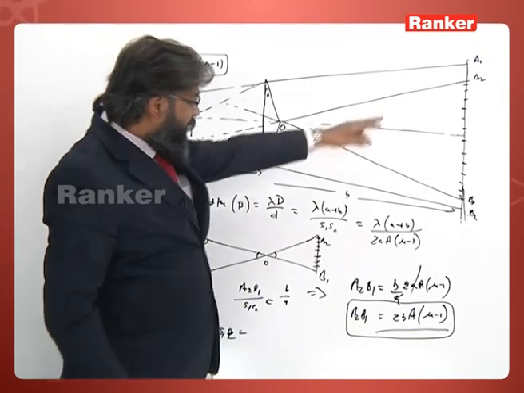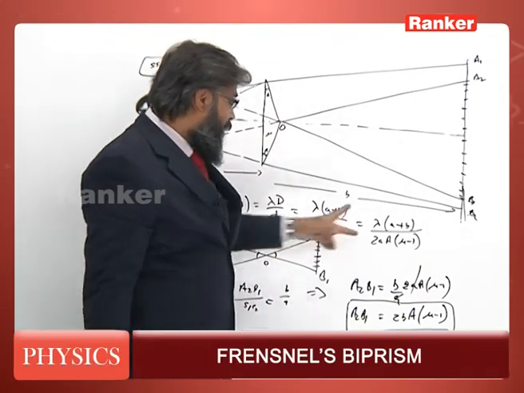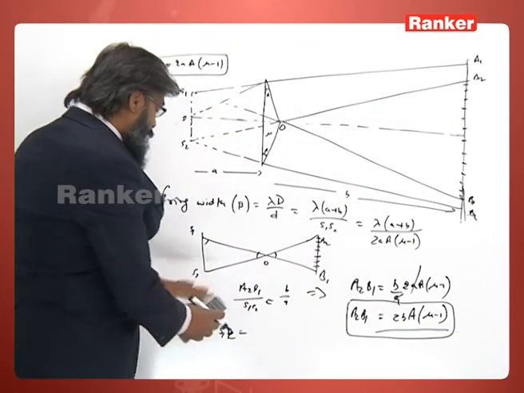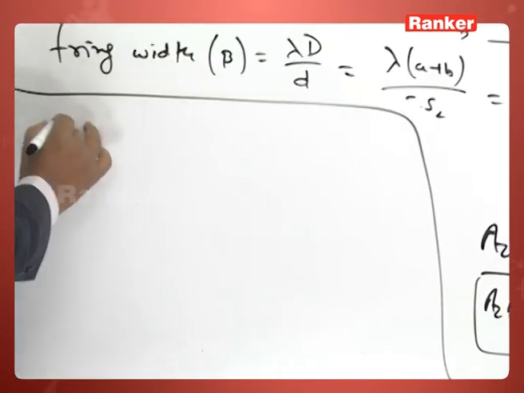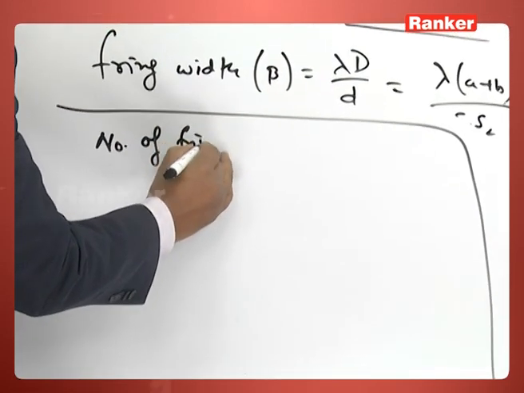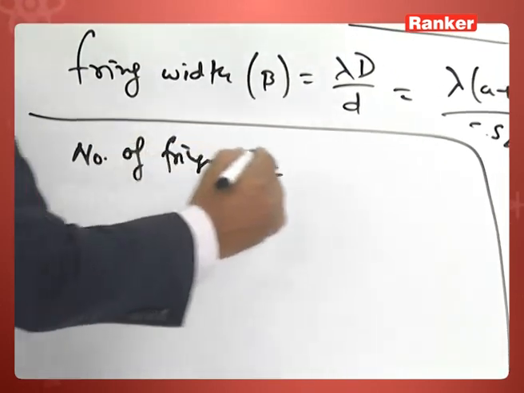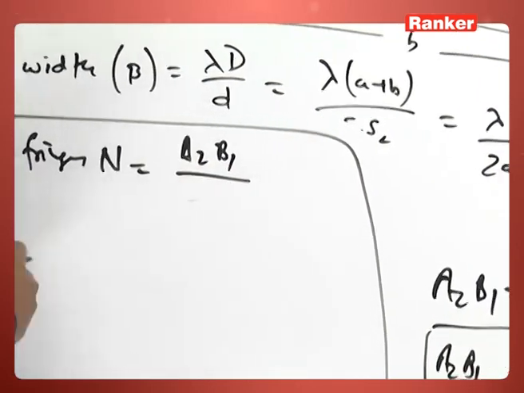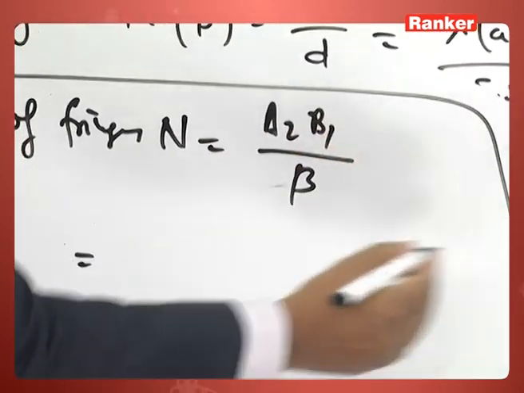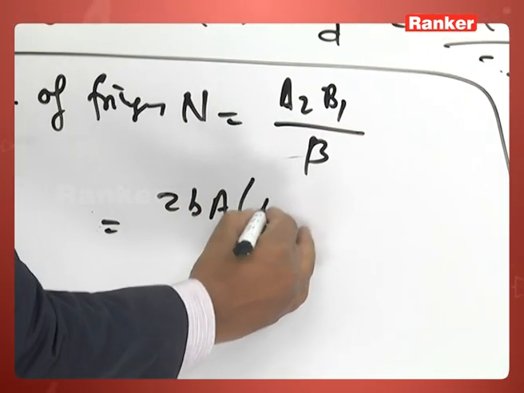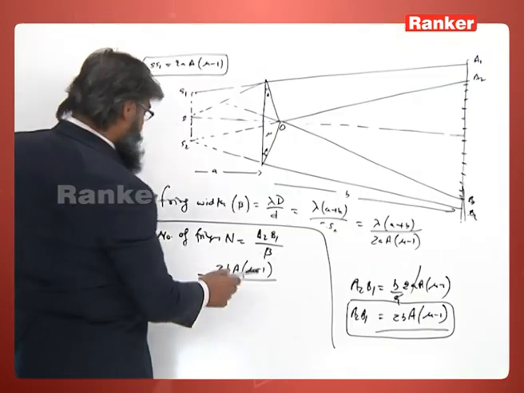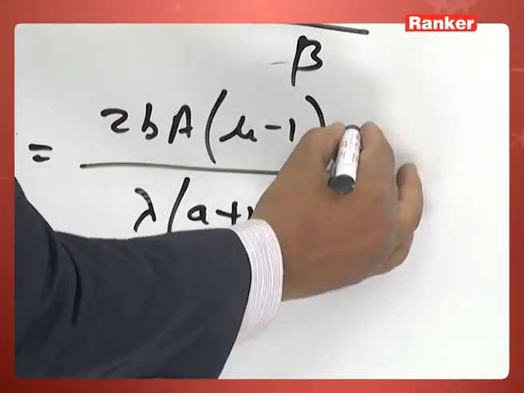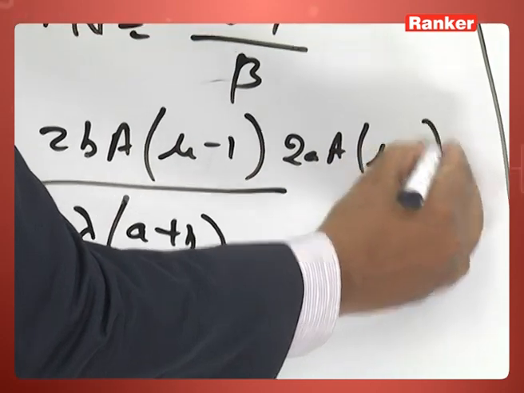Now we have A2B1 and we have β. So now I can calculate how many fringes there are. The number of fringes n will be given by A2B1 divided by the fringe width β. A2B1 is 2bA(μ−1), and β, which we have already calculated, is λ(a+b) by 2aA(μ−1).